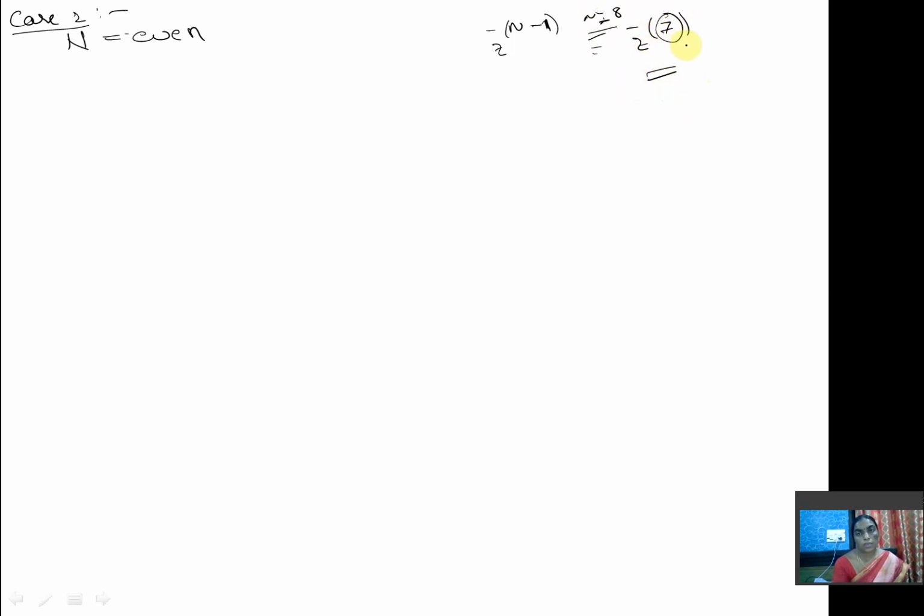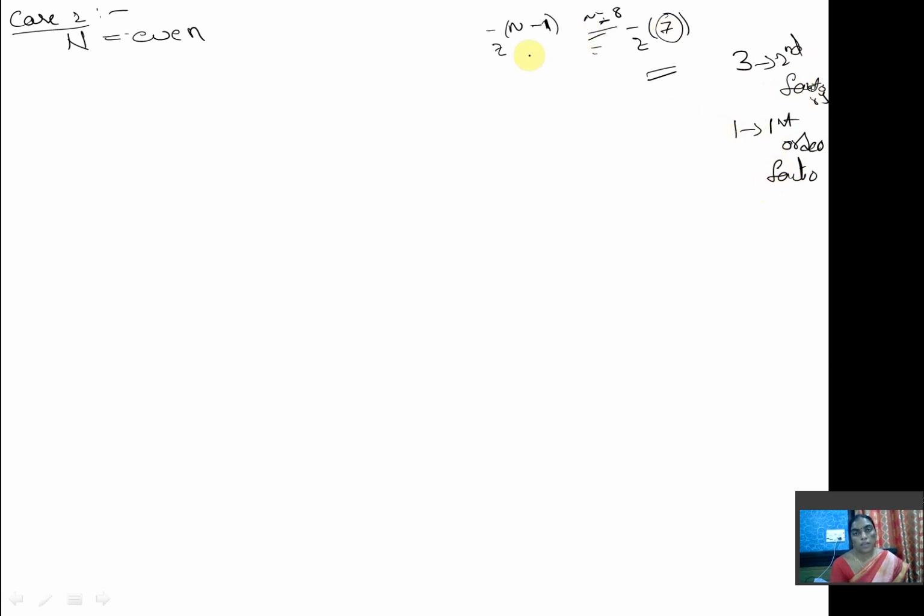Order 7 means, how can you decompose this into different factors? How many second order factors will be possible here? 3 second order factors. So power 6 is over, left is only power 1. That means 1 first order factor. Am I correct? That means 3 second order factors and 1 first order factor.